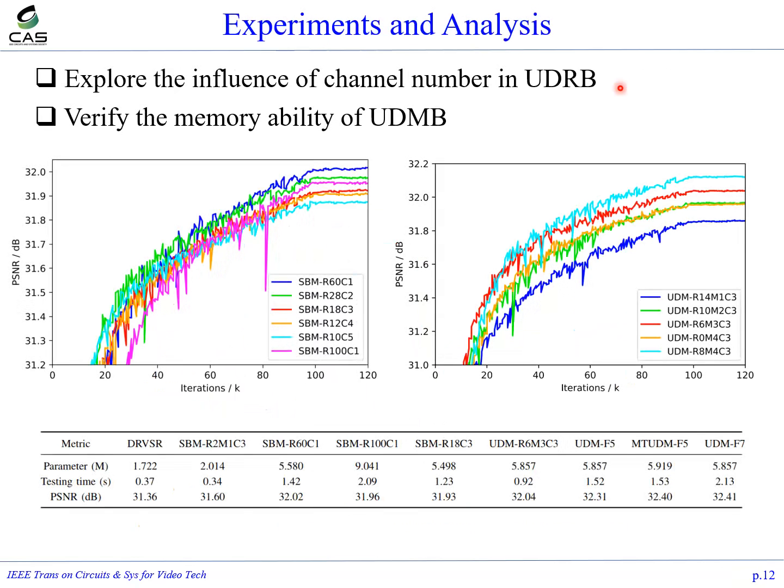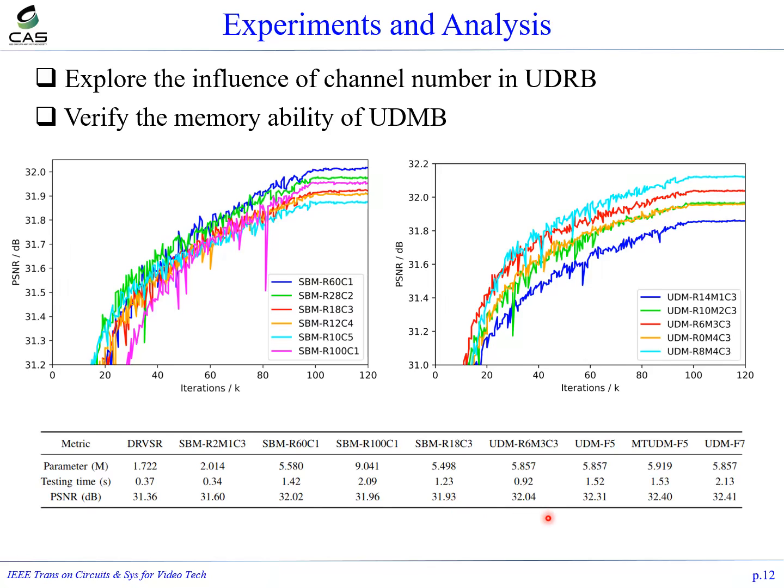We explore the influence of channel number in UDRB. With only one single channel, R100C1 becomes hard to train and behaves even worse than R60C1. With three channels instead, R18C3 behaves a little worse but is faster than R60C1, and we choose the channel number as 3 for good balance.